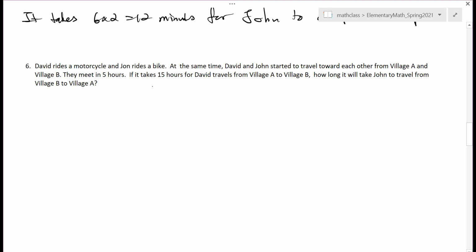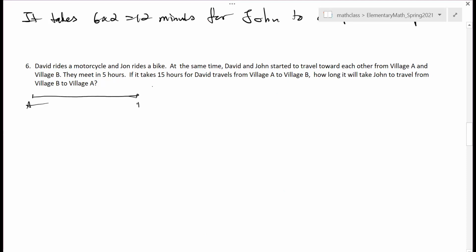David rides a motorcycle and John rides a bike. At the same time, David and John start to travel toward each other from village A and village B. They meet in 5 hours. Okay, let's draw the picture.